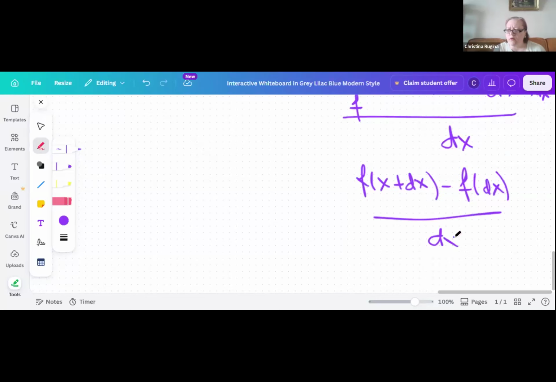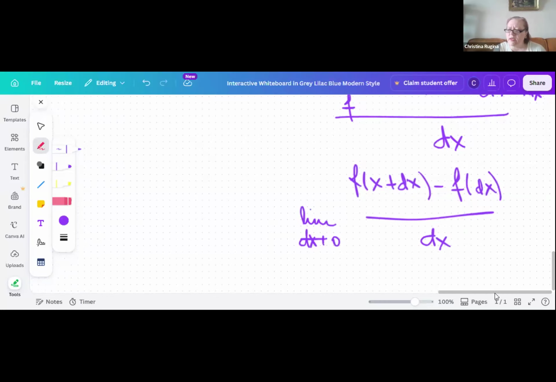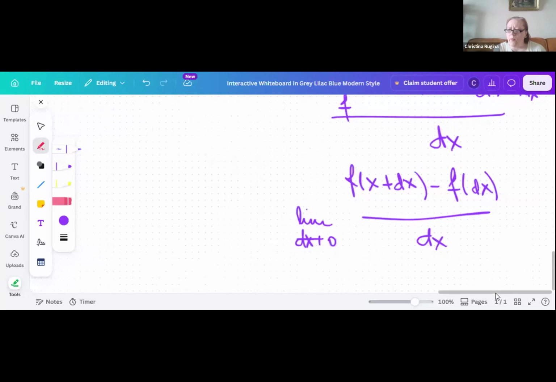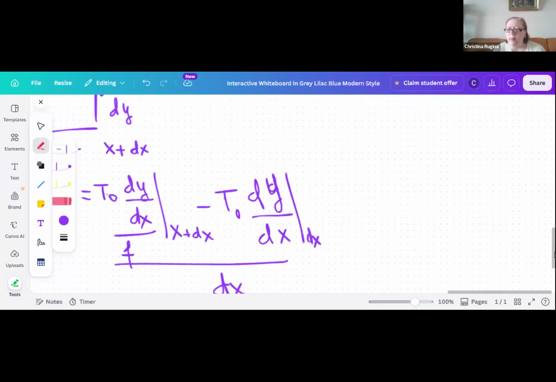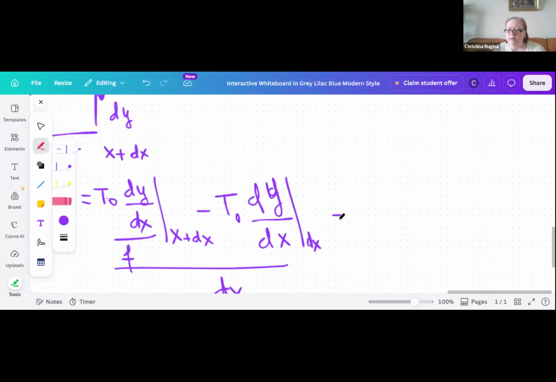So this is at point x, this is at point x plus dx. Basically this thing is the equivalent.